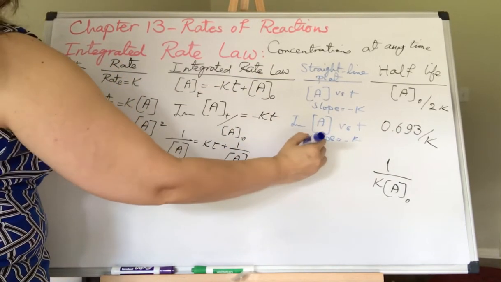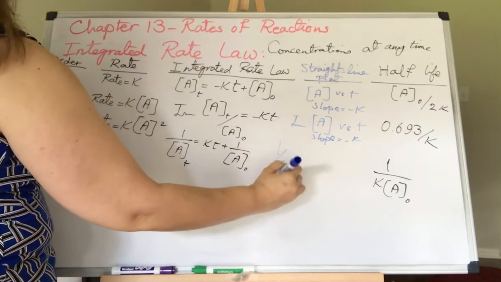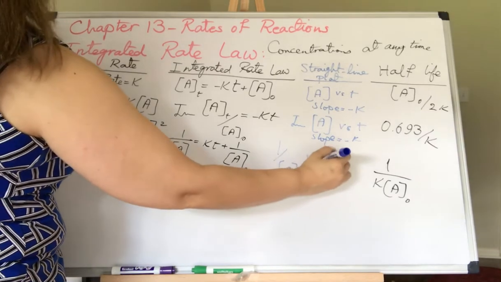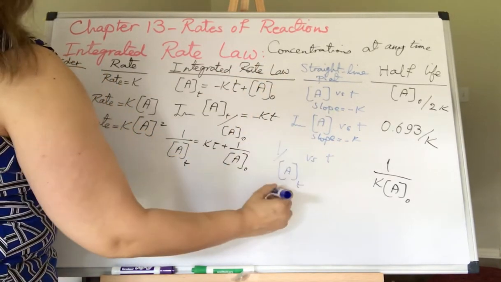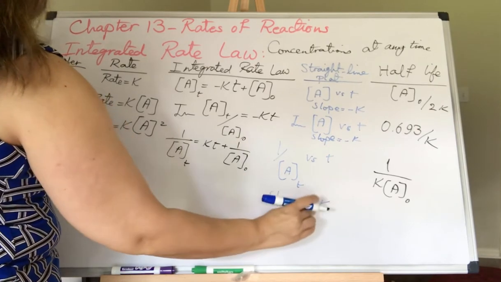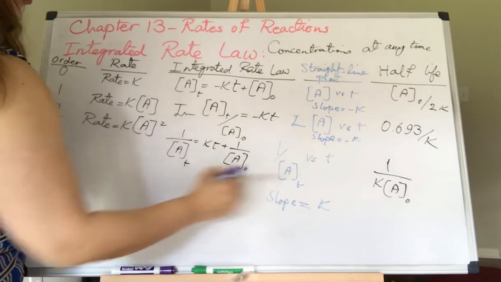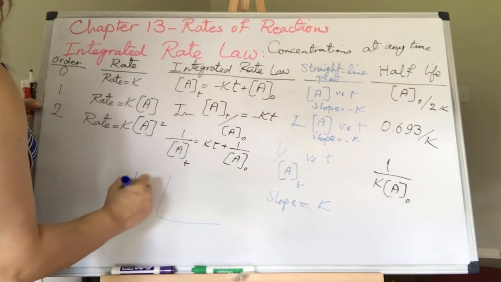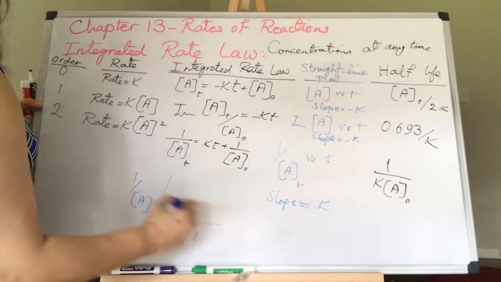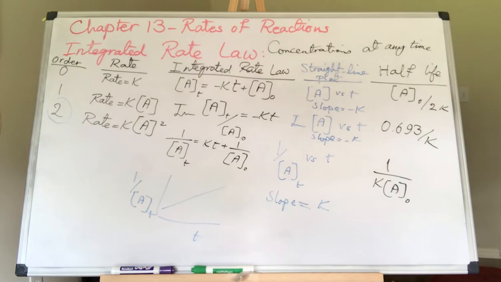And here, 1 over A versus t. And this is the only positive slope, right? So if you are dealing with a positive slope, if you have 1 over AT versus t, and you have a positive slope, you have a second order reaction.